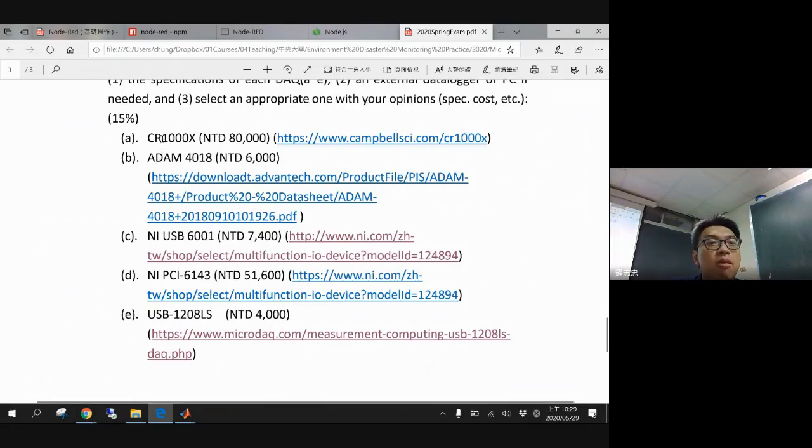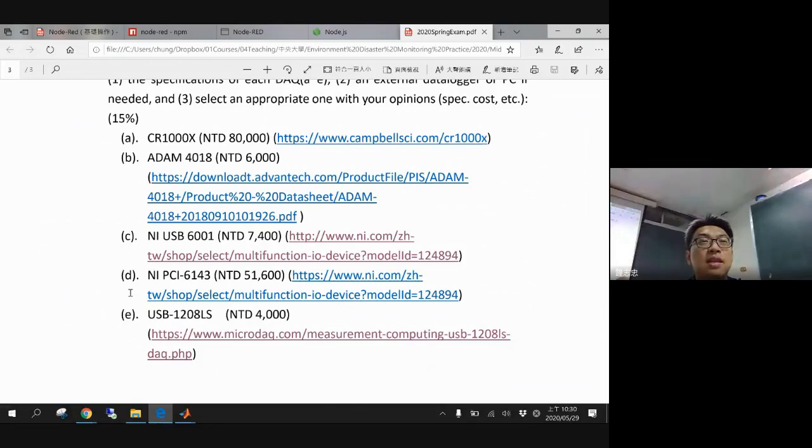And CR1000X, I forgot, maybe up to 500. But for C, D, and E, maybe up to 1K to 10K hertz. So they have much faster sampling frequency. So you need to choose by yourself.